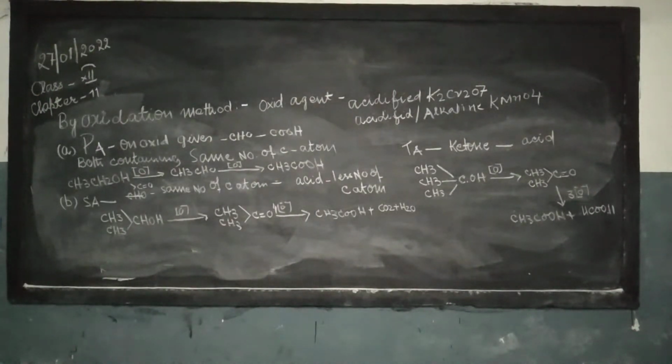Lucas test is based on the reactivity of primary, secondary and tertiary alcohol towards concentrated acid. The order of reactivity is tertiary, secondary and primary. In this reagent, alcohols are soluble, whereas alkyl chlorides are insoluble.